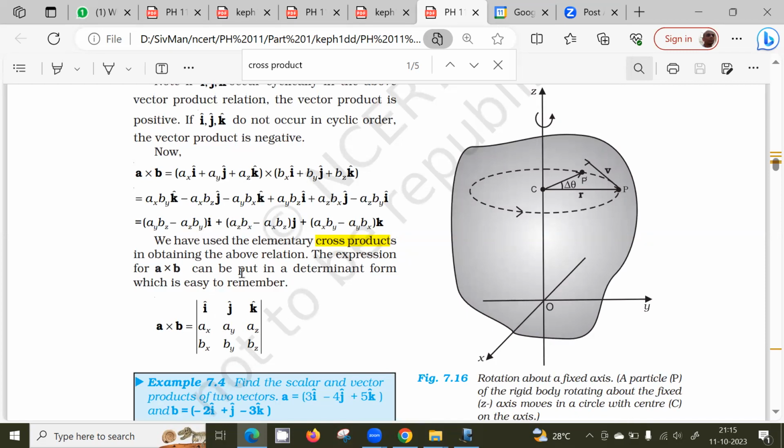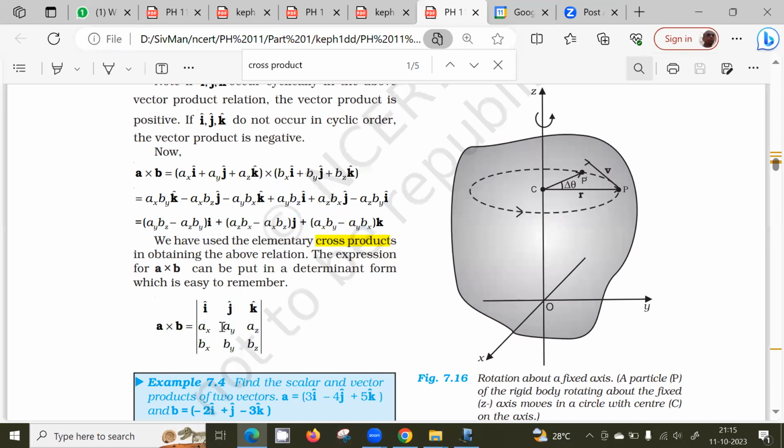Then J cap into AZ BX minus AX BZ, and K cap into AX BY minus BX AY. So the corresponding component form is this one, and you can write it compactly as this determinant form.